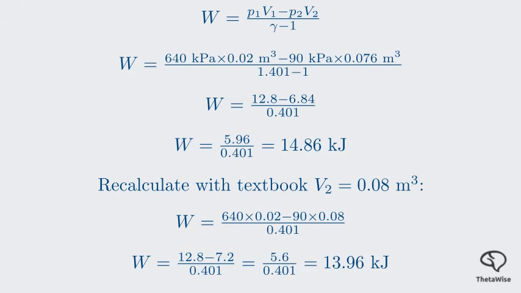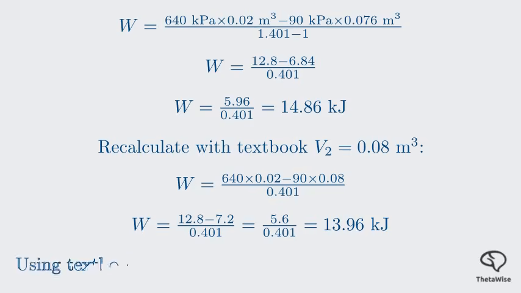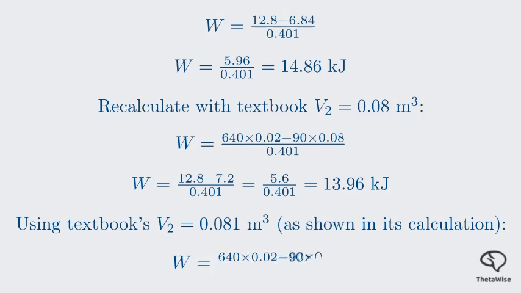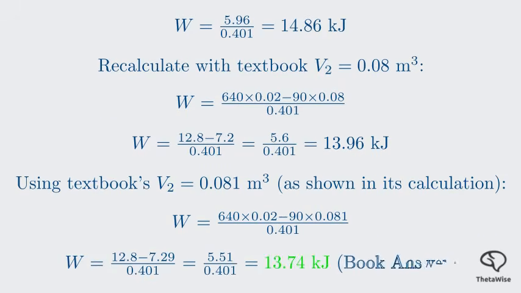The textbook's solution uses a value of 0.081 m³ for V2, which is inconsistent with its own calculation of 0.08 m³. If we use the textbook's value of 0.081 m³, we get 13.74 kilojoules, matching the book's answer. This highlights the importance of consistency in calculations.